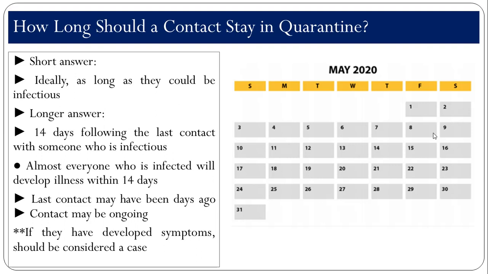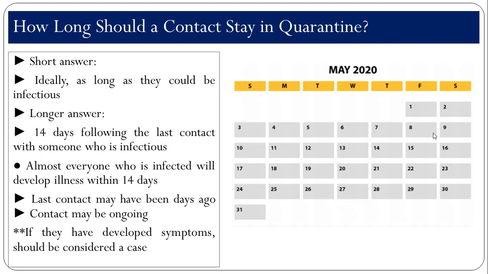So, there is a longer answer also. Again, it is 14 days since their last contact, because we know almost everyone who is infected will develop illness within 14 days. So, for example, if they live with a case, they lived with someone who is infectious, so that will require some additional calculations.